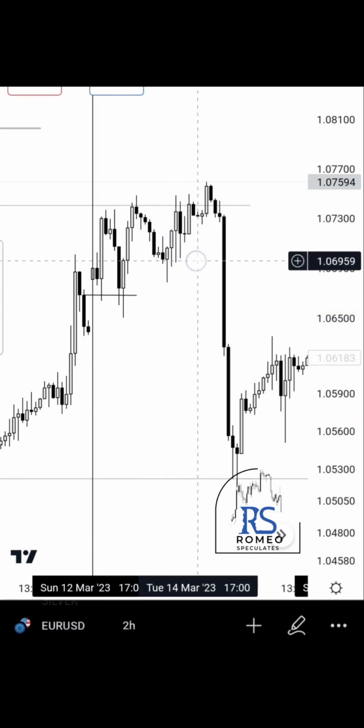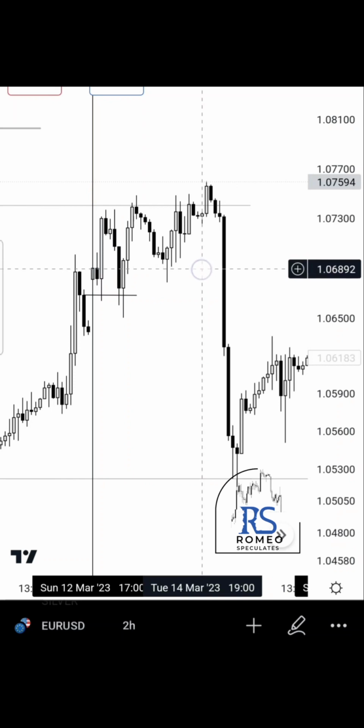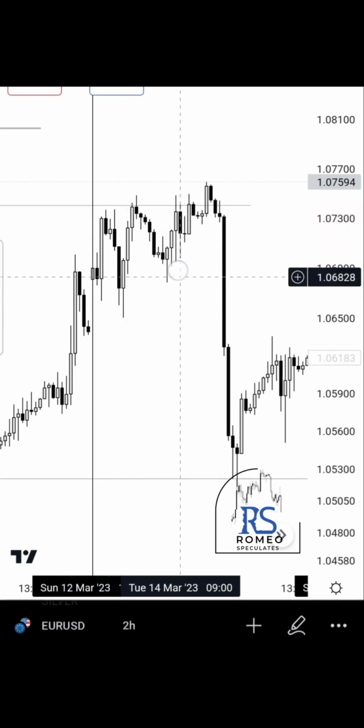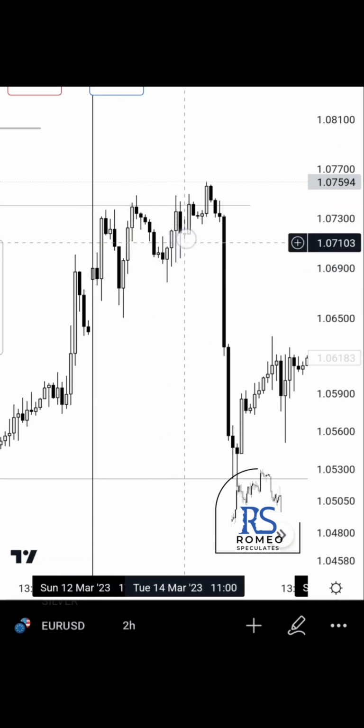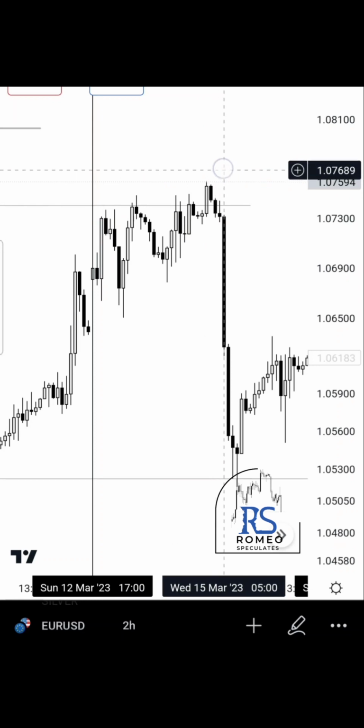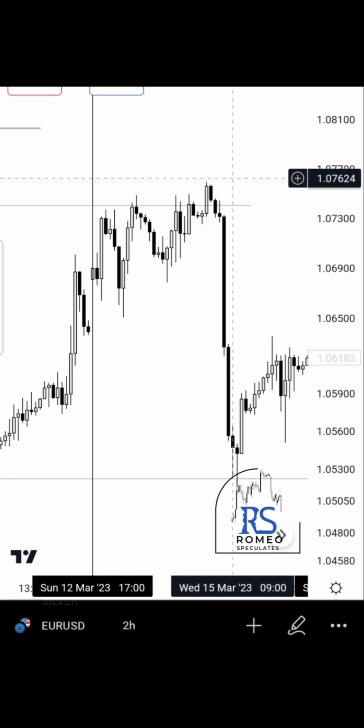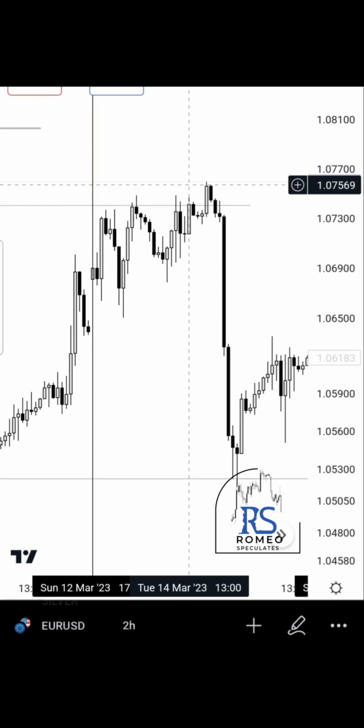and then on Tuesday during the Asian session we had a manipulation. We had a move to the upside. So consolidation, accumulation, manipulation on Tuesday during the Asian session. So we can expect that to be followed by an expansion to the downside, and that is what I had in mind.